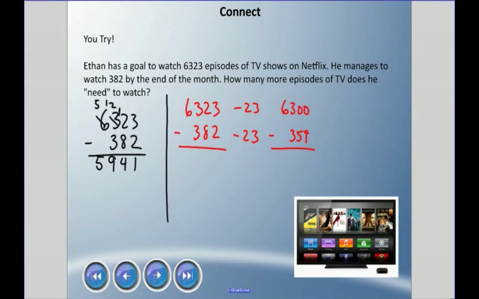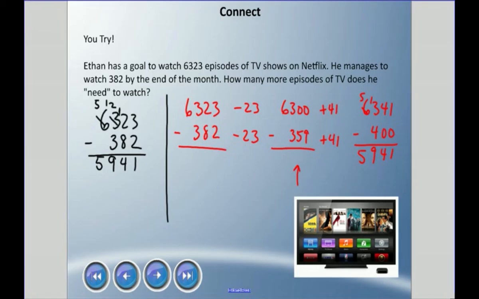Well, perhaps we can add a number that will get us to 400 here. I think the number is 41. So I'm going to add 41 to both sides. So 6,341 minus 400. So we're left with 5,941 again.